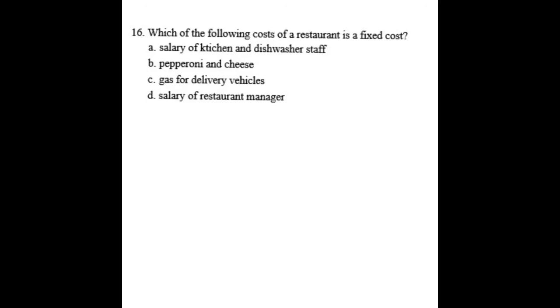Gas for delivery vehicles: the more pizzas delivered, the more gasoline. So A, B, and C are all illustrations of variable cost. Only D is an example of a fixed cost. For a restaurant, you're only going to have one manager, whether you're selling 50 pizzas or 2,000 pizzas. You've just got one manager. So the correct answer is D.